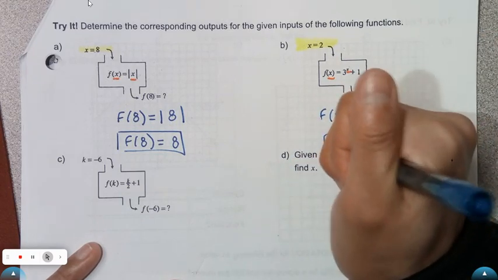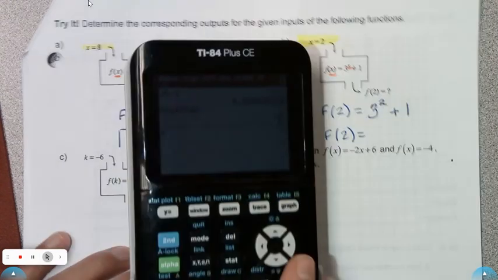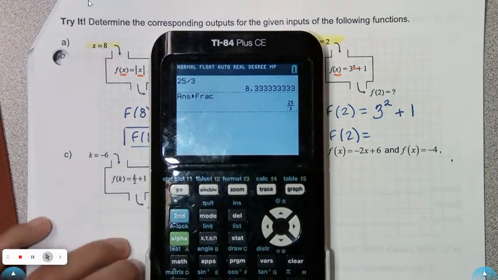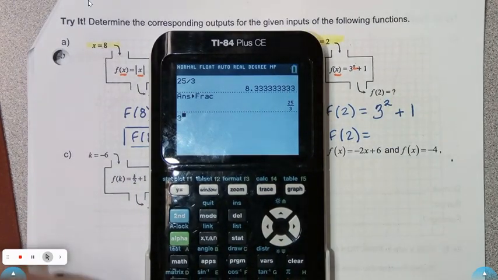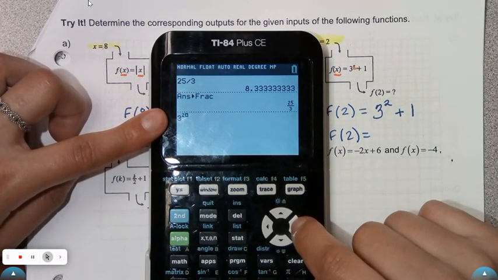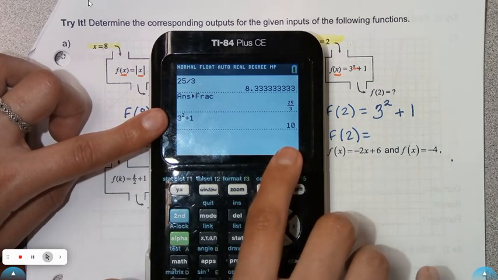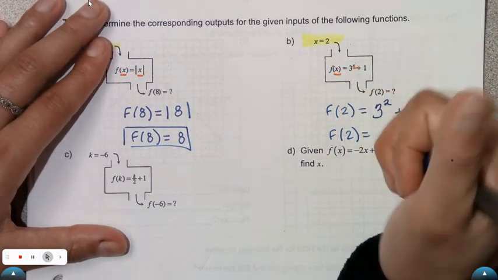So I have f of 2 equals, and then if I plug that into my calculator, I have 3 to the 2nd power. Make sure you don't stay in the air, you get on the ground, so you got to press the right arrow key. You can press it as many times as you want, plus 1. I get 10. So this equals 10.